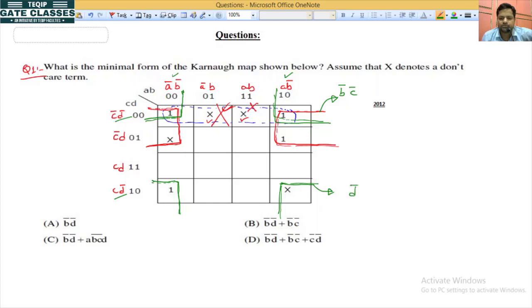D bar is common. Now go for the corners: A bar B bar, A B bar. Which one is common? B bar. What will be the minimized function? It will be B bar D bar plus B bar C bar. Option B is correct.